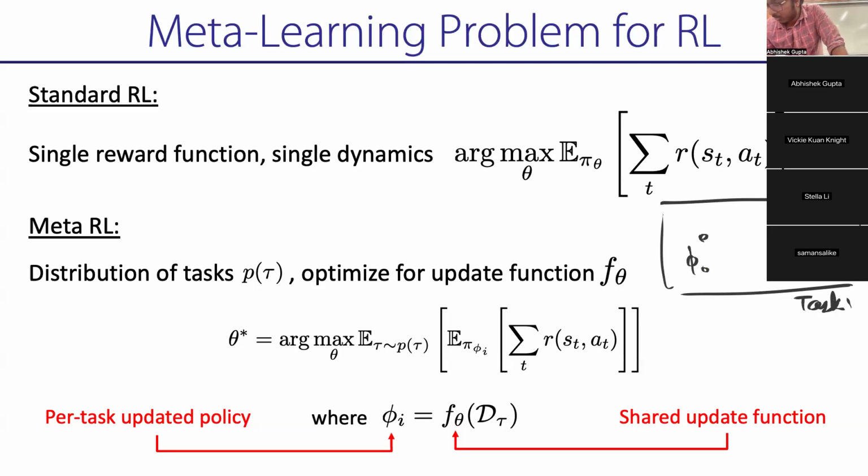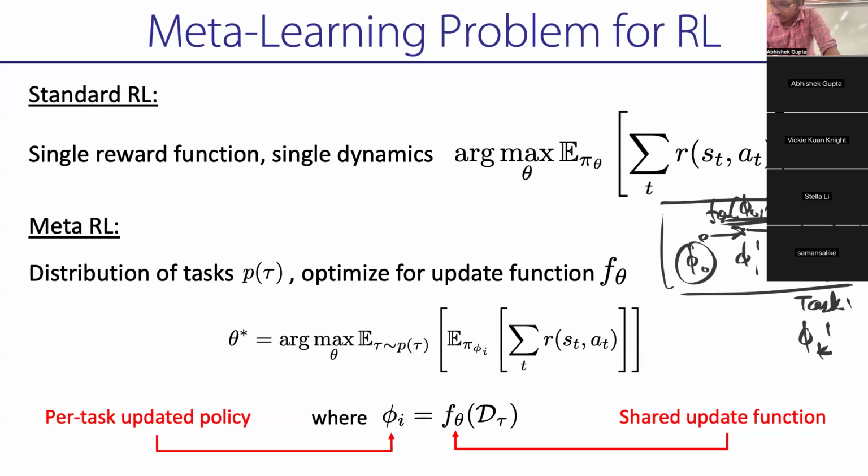Now, your update rule is going to say, I'm going to take in phi naught, I'm going to take in some rewards that I get by running phi naught, and I'm going to update phi naught to phi 1 1. I'm going to apply the same update rule again, and it's going to give me phi 2 1, then phi 3 1. So for this task, I started from some phi naught initialization, I applied f theta, and it gave me updated parameters. After k steps, let's say I reached phi k 1.